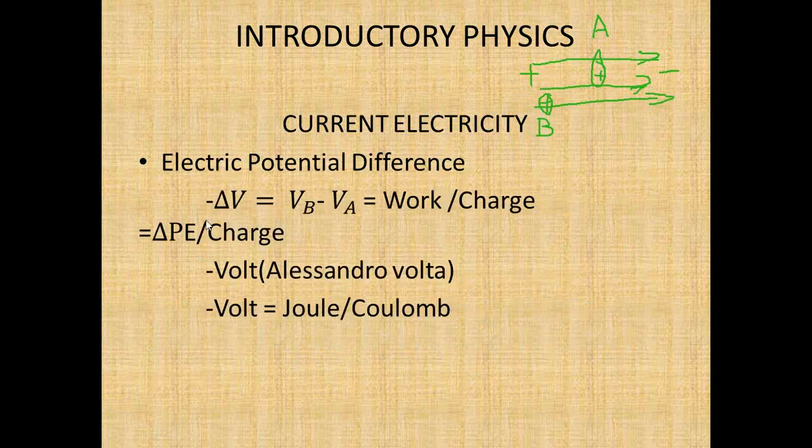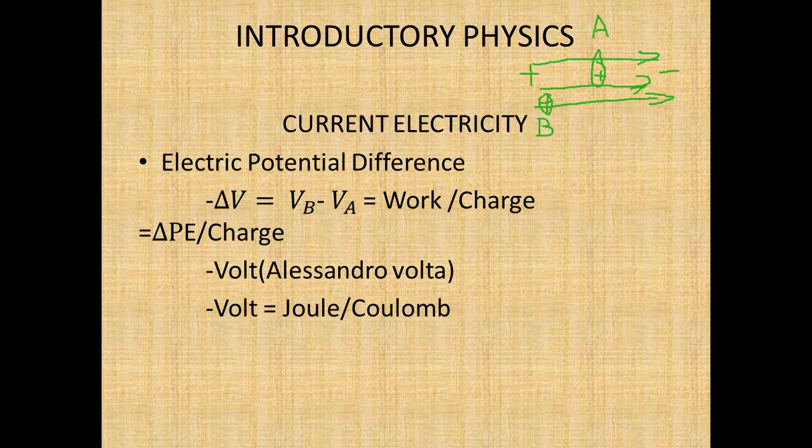So the electric potential difference is equal to the electric potential at B minus the electric potential at A. That's why it's called electric potential difference. And when we say electric potential, it's electric potential energy.